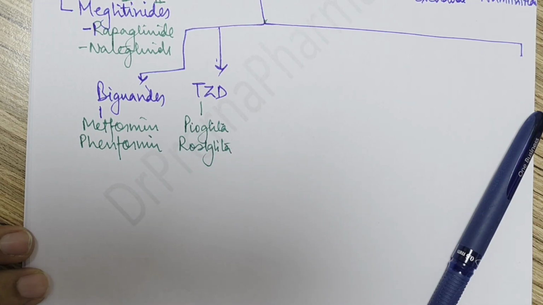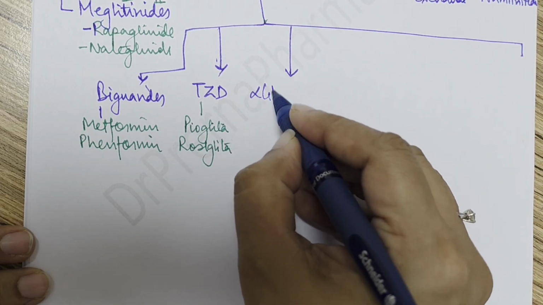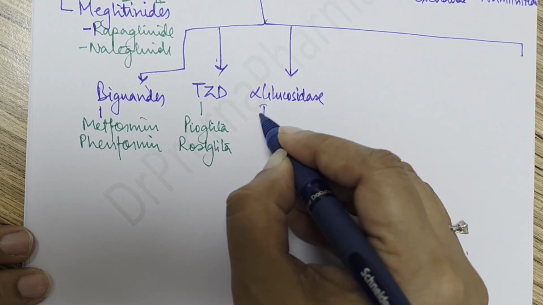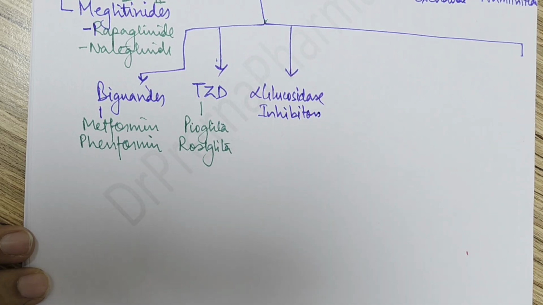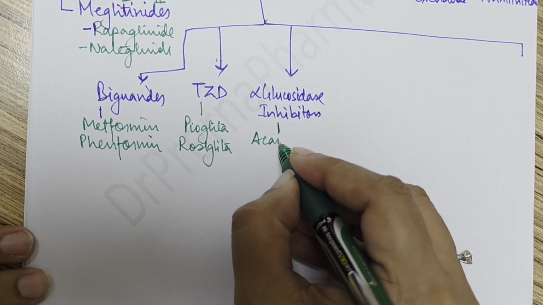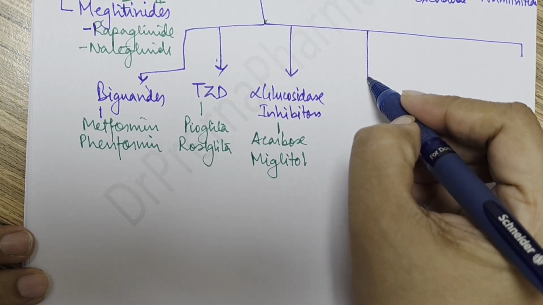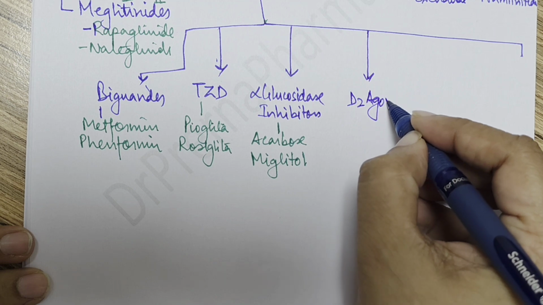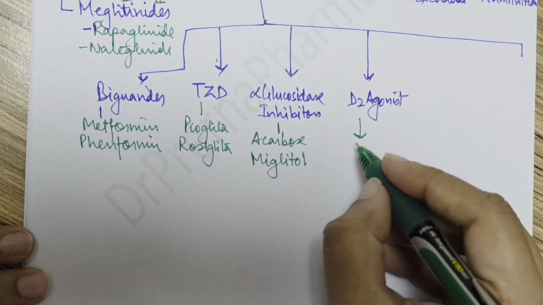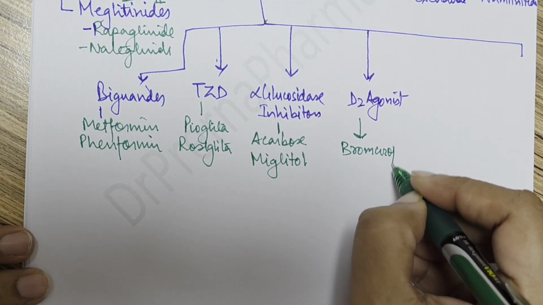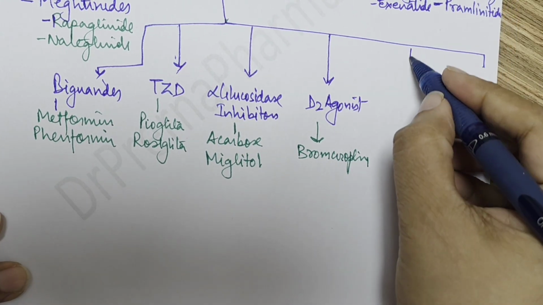Then we have alpha glucosidase inhibitors, in which we have acarbose and miglitol. Okay, then a new one, they are just introducing this as something that can be used in diabetes, that is bromocriptine.